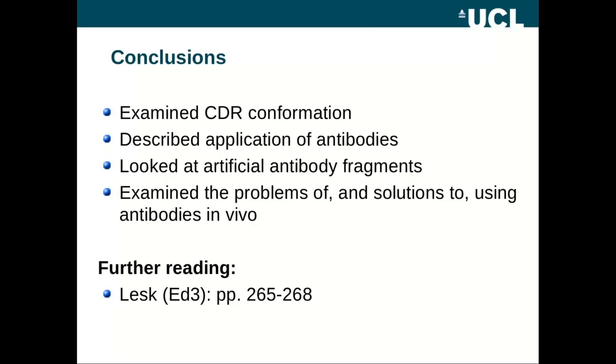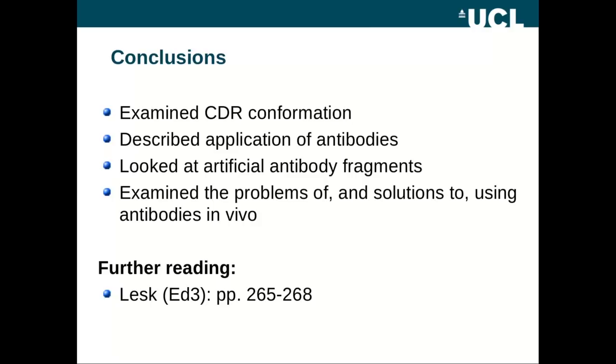We examined the problems of using antibodies in vivo, which all surround immunogenicity, the fact that when you take an antibody that is not human and inject it into a human host, you will produce an immune response against those antibodies, and then solutions to that problem by producing chimerics, by doing humanization, or by producing fully human antibodies.